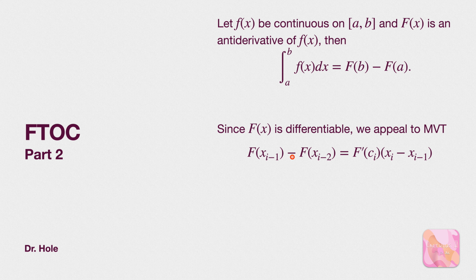So these pairings that we made of the antiderivative at a point of the partition minus the antiderivative at an adjacent point of the partition, this is a difference in the outputs of capital F. And we can apply the mean value theorem to say that this difference in outputs is the same thing as the derivative of the function at some point ci in between these two points, multiplied by the change in input.